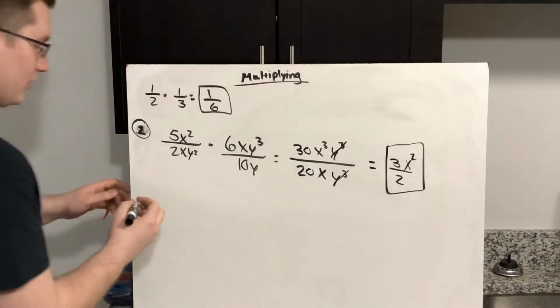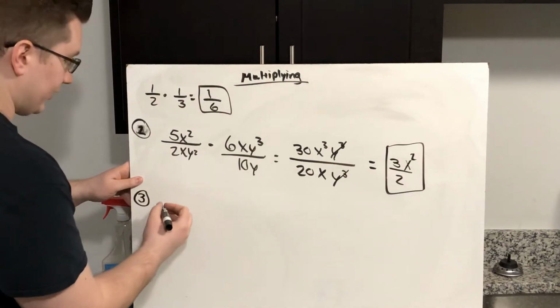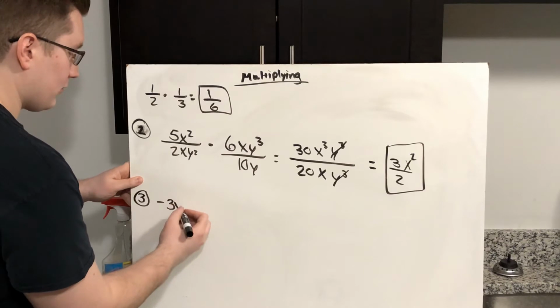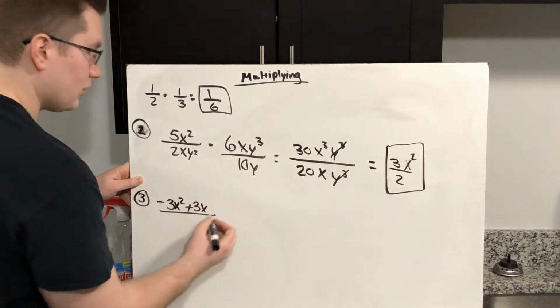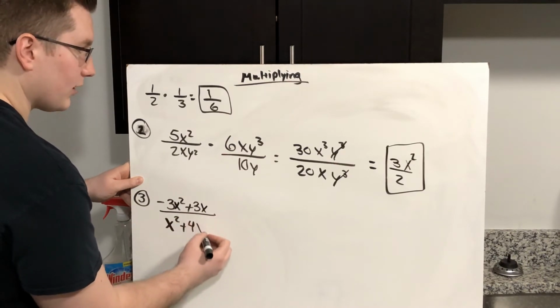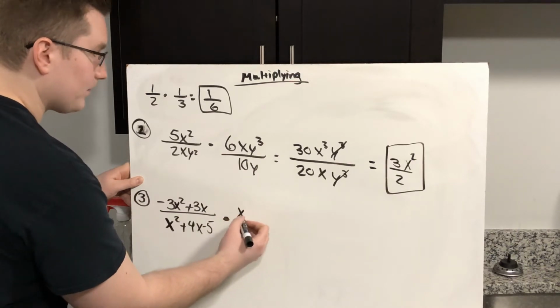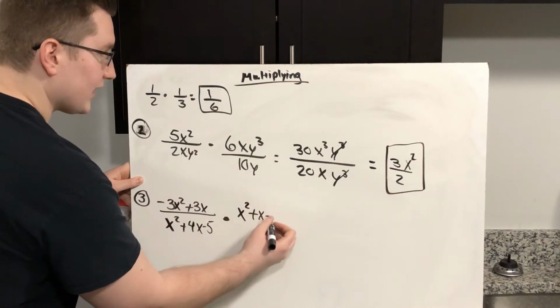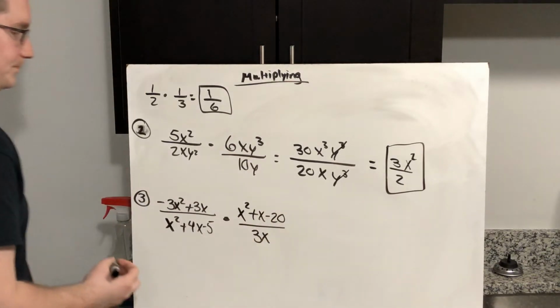For my third example, this is where it gets a little trickier. I have negative 3x squared plus 3x over x squared plus 4x minus 5 times x squared plus x minus 20 all over 3x.